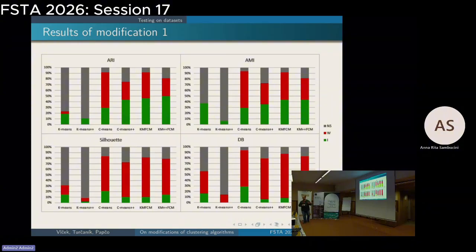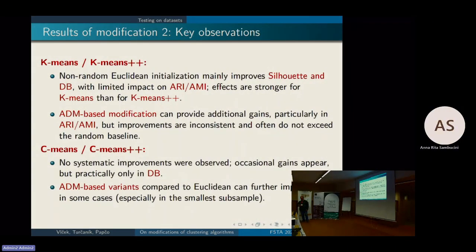Some particular improvements were observed in some subsamples, in some algorithms, and in some aggregation dissimilarity measures. And for modification 2, there were only improvements in internal metrics.